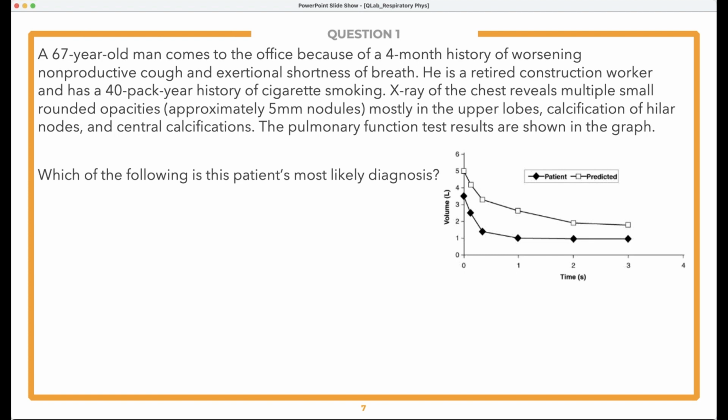Our step 2 is to read the lead-in, okay? Read the actual question. In this case, the lead-in is, which of the following is this patient's most likely diagnosis? So we've got those answer choices covered up. You're now focused on the question, and by looking at that, you know you're going to try to figure out the diagnosis of this patient.